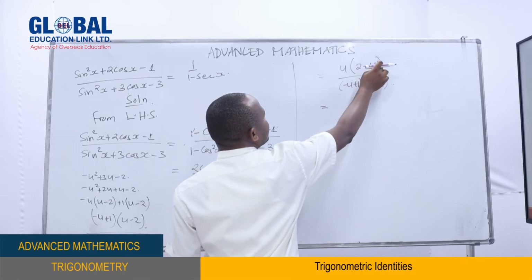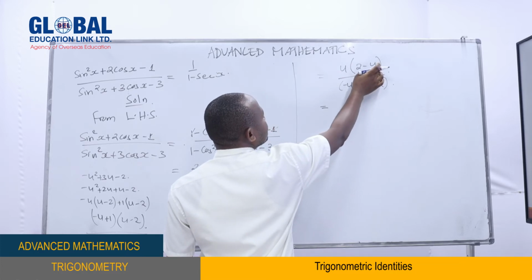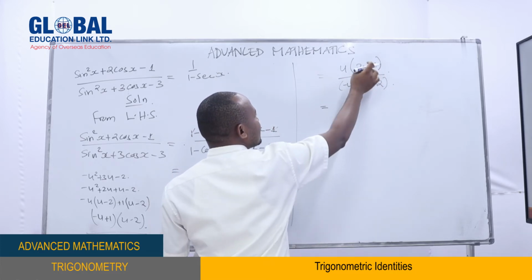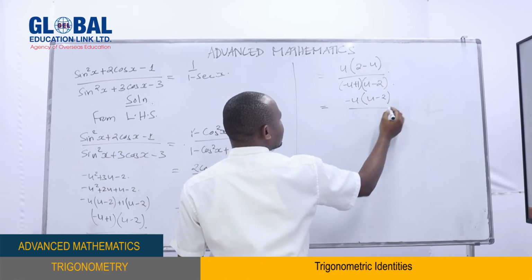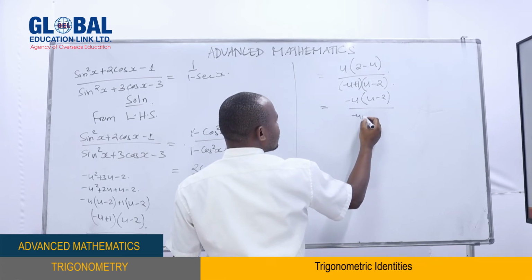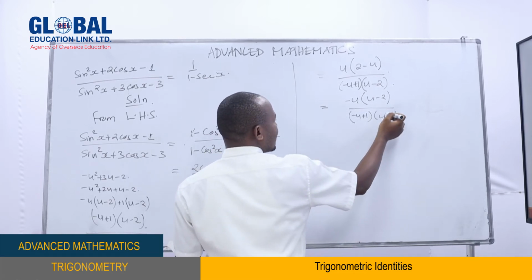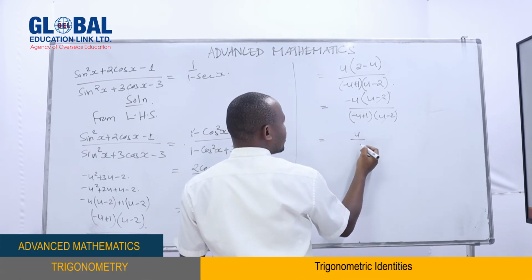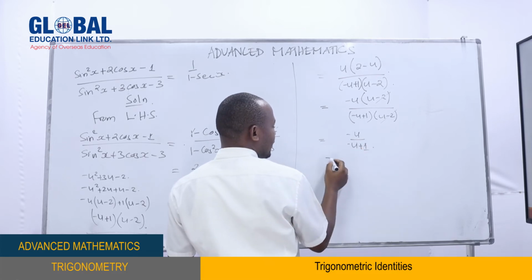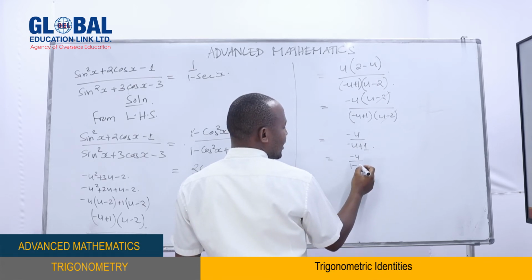That means if we try to exchange the position of that, or if we take a negative out, we will be left with a negative u minus 2. Then there we have negative u plus 1, u minus 2. That means this and that one will go, and we'll be left with u over negative u plus 1. That is to say, we are left with negative u over 1 minus u.